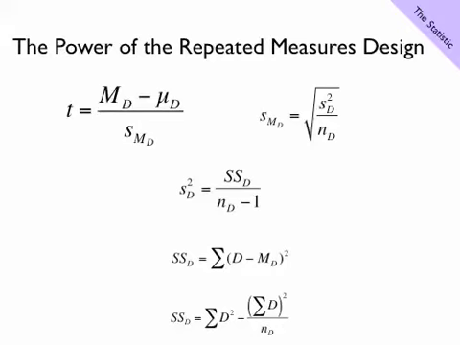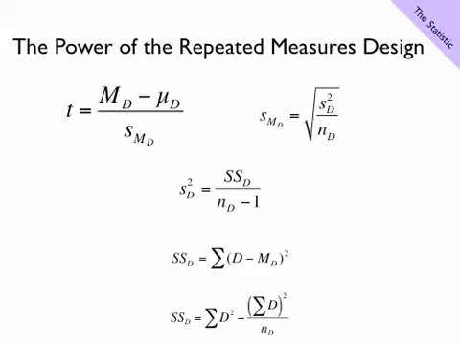Well, we're going to divide that mean difference score by the estimated standard error of the mean difference score. And very much like the independent samples t-test, it's the square root of the variance for the difference scores divided by the number of the difference scores. That variance is the sum of squares for the difference scores divided by the degrees of freedom for the difference scores, or the number of difference scores minus 1.